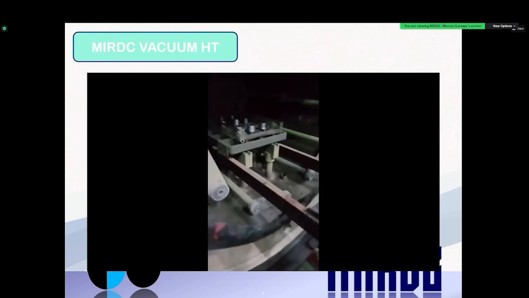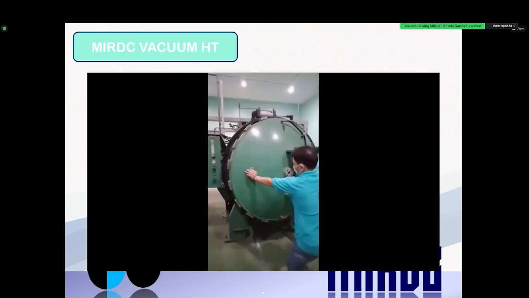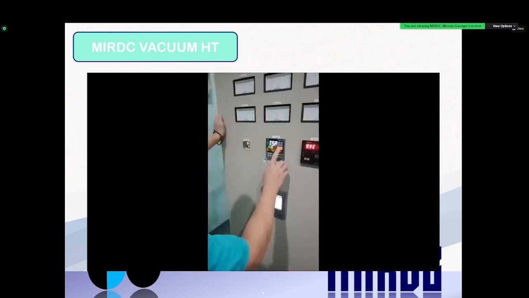So your metals can overlap in this furnace. Whereas in the conventional one, they can also overlap because they are packed. Okay?